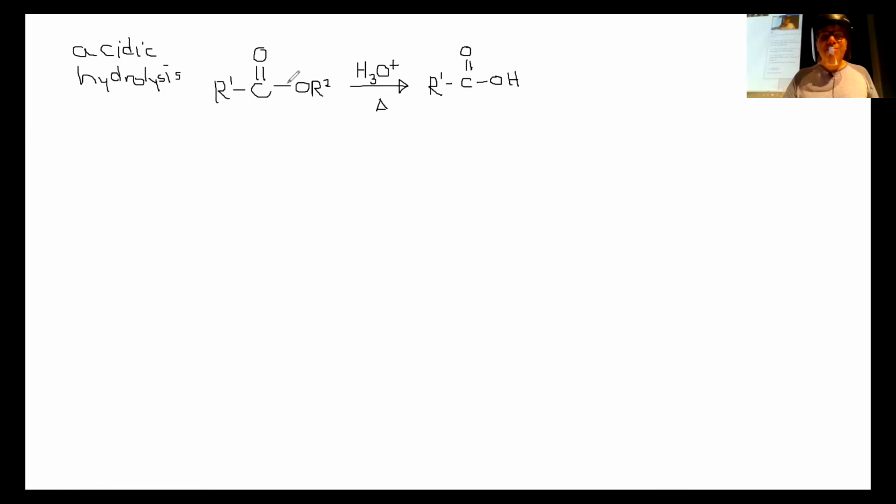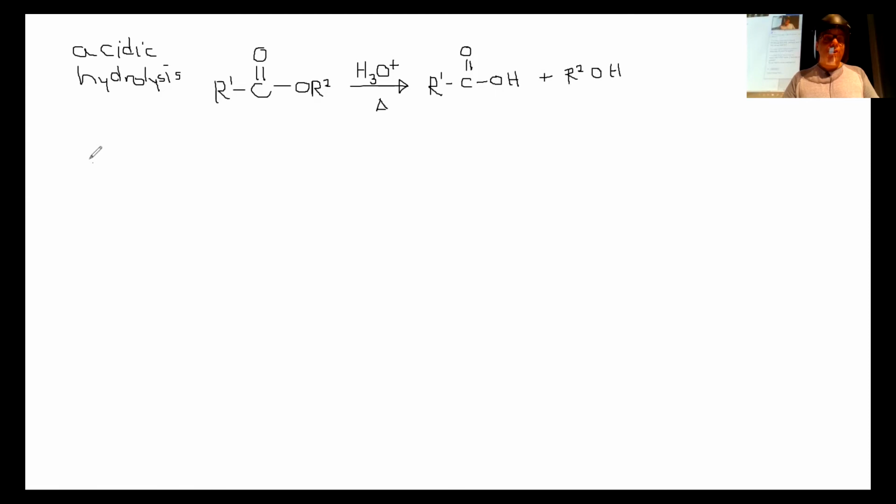So please don't memorize that it always looks exactly like this and is exactly in that position. That might slow you down. But then we would also get the alcohol, R2OH. Good, and that would be the end result. And I think if you work it out, you can see it's taken up an entire molecule of water. So that can be done under acidic conditions.